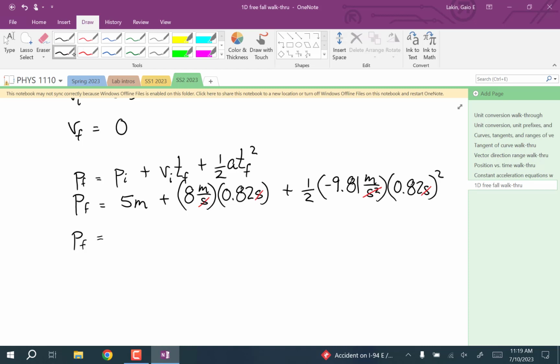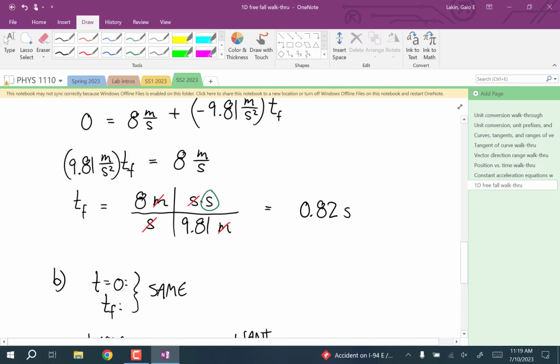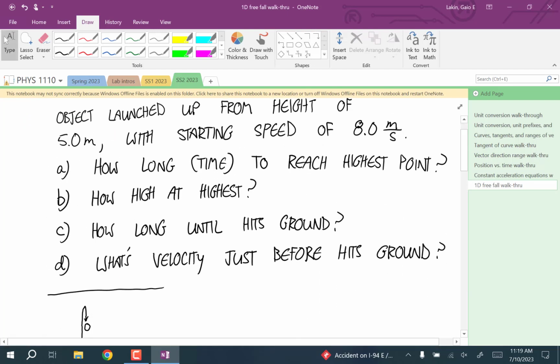And we get that the highest point that this reaches is going to be about 8.26 meters. Okay, so that's part B.